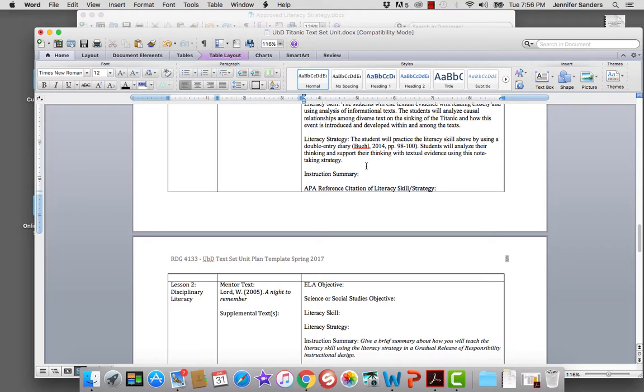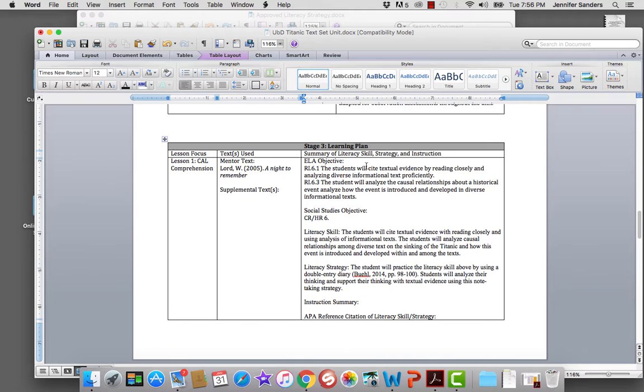And you want to think about length, okay? Well, this book, A Night to Remember, is not lengthy, but it's chunked with a lot of information, which can be overwhelming. So, as a teacher, I can say, all right, how do I want to work this out?